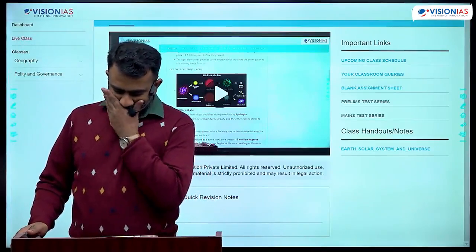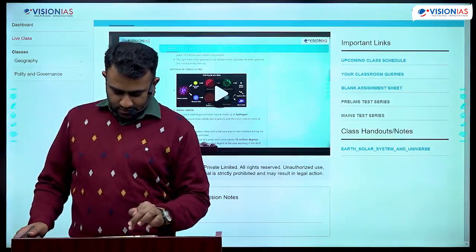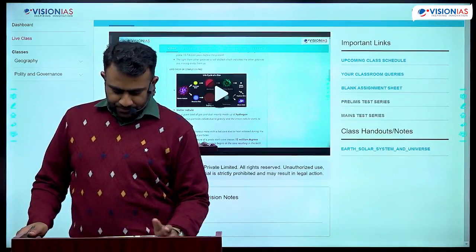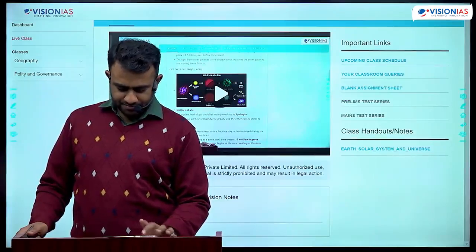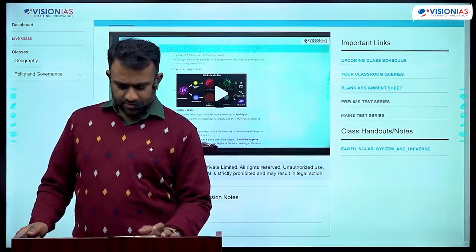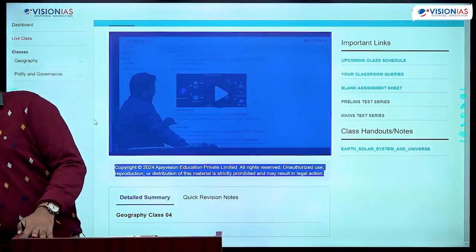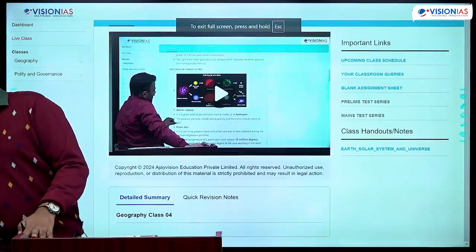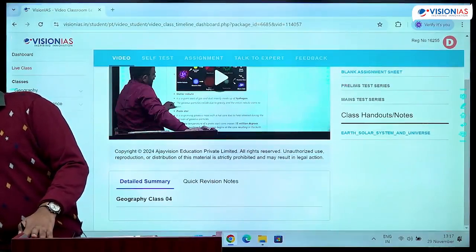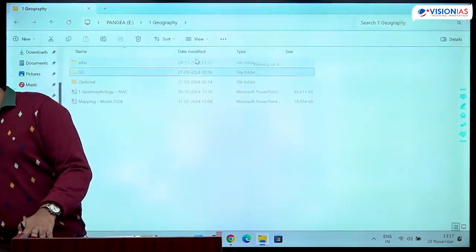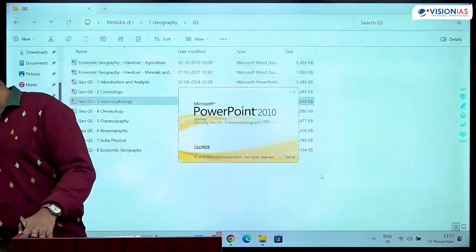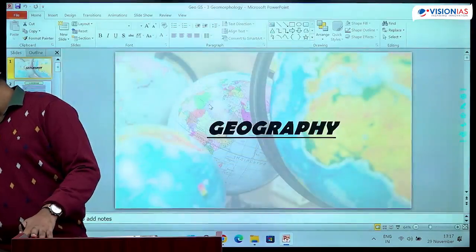So their differences, their characteristics, and also we studied regarding eclipse, different types of eclipse, solar eclipse, lunar eclipse, etc. So any doubts on that part? So all clear?